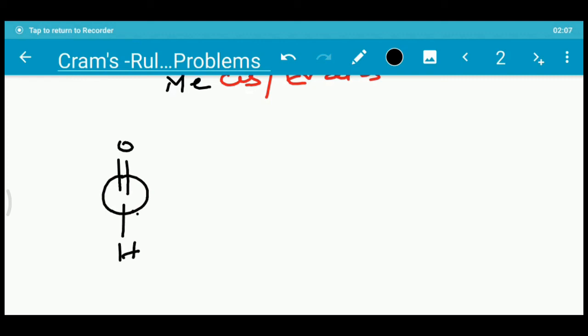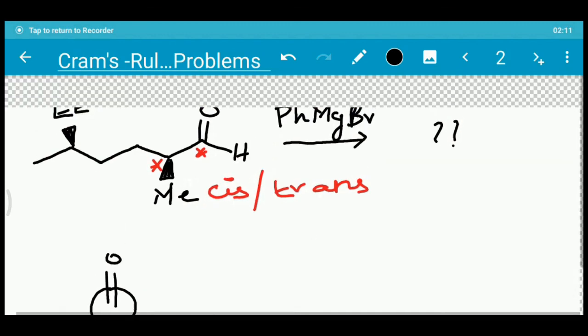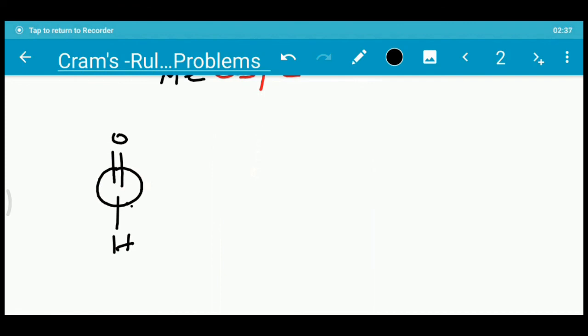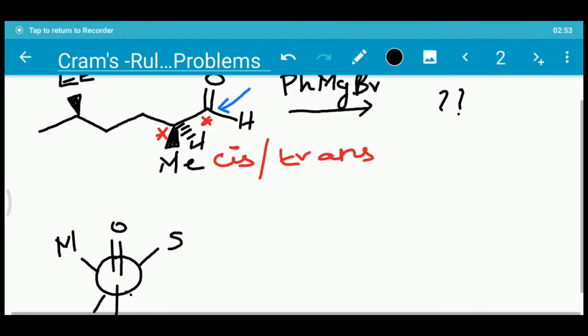As I told you in the previous problem, we are viewing a molecule from this direction, and please remember there is always one hydrogen over here, and therefore we are trying to view the molecule from this side, and therefore we will be having the medium size group on this side, the small size group on this side, and we have our larger group here. So this is how it will look.